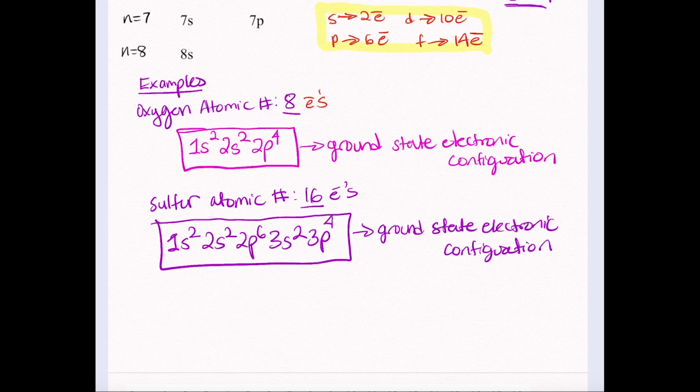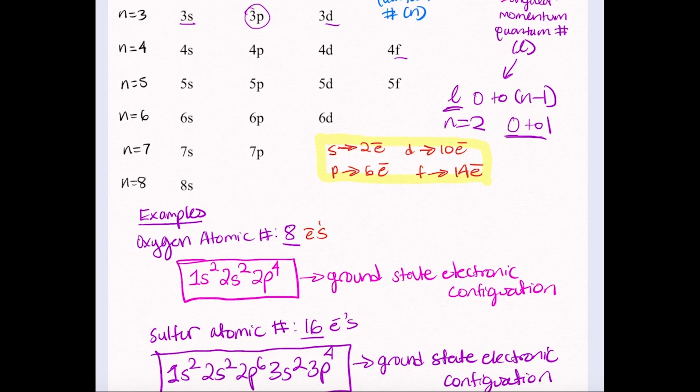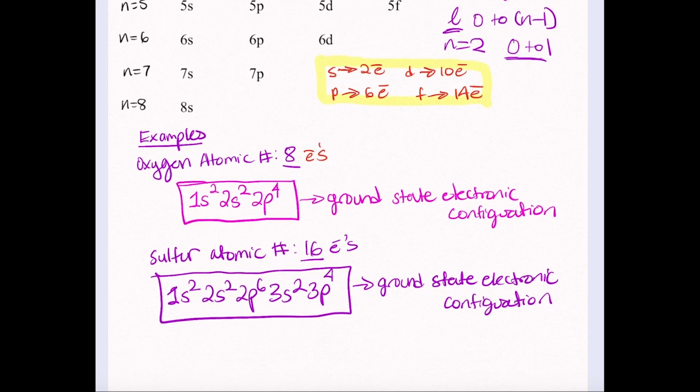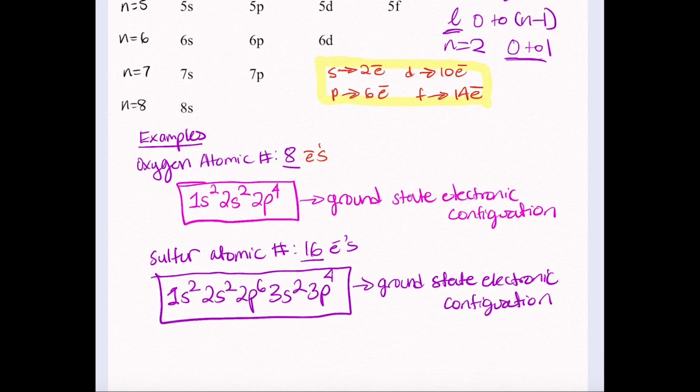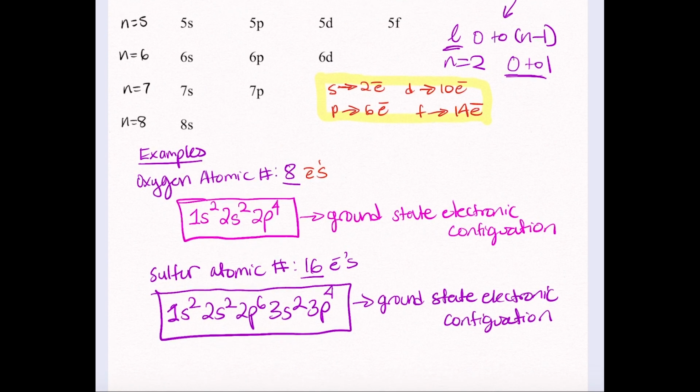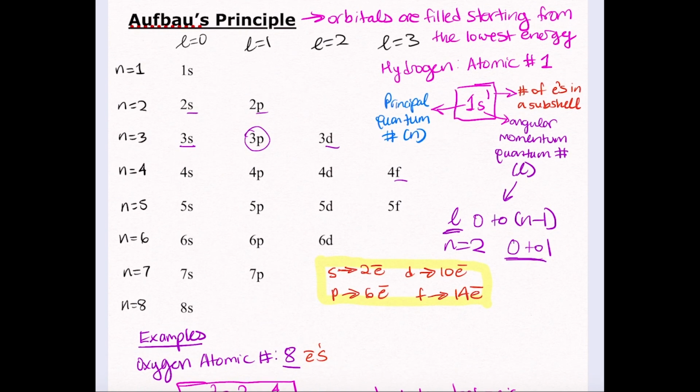Now, I said in the beginning of this video that I will be discussing Hund's rule and the Pauli exclusion principle, and I will, and I'm going to discuss it using these two examples here in terms of building energy level diagrams. So when you're building ground state electronic configurations, you're going to take into account Aufbau's principle because you are filling orbitals starting from the lowest energy. So 1s is going to be filled before 2s, 2s will be filled before 2p.